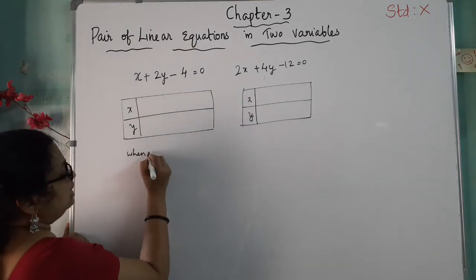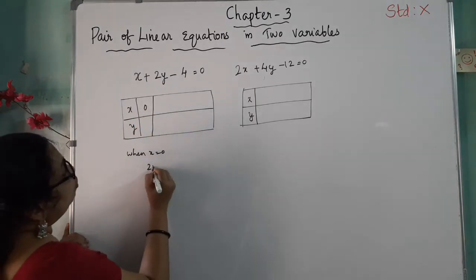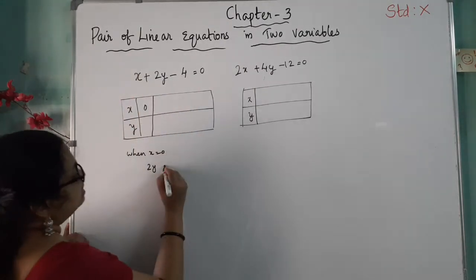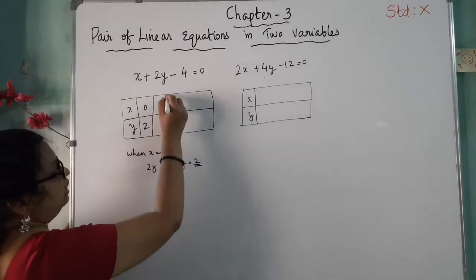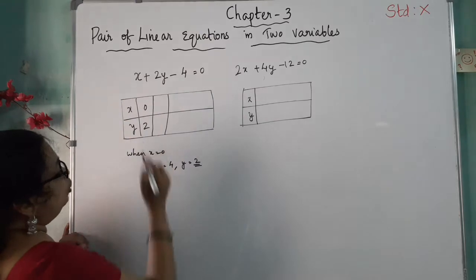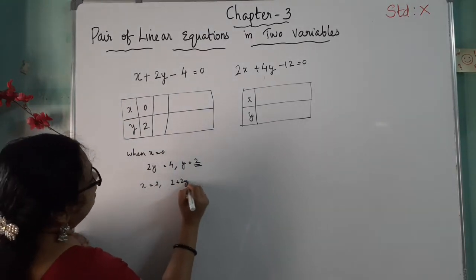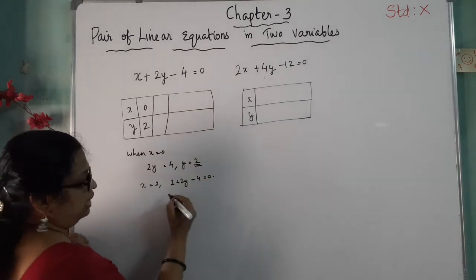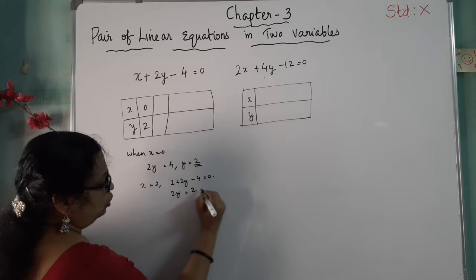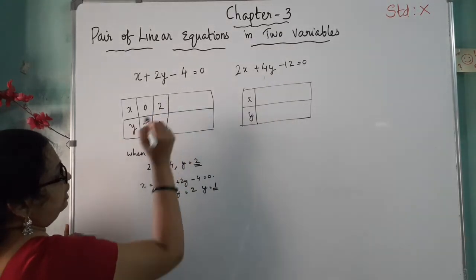When x equal to 0, 2y is equal to 4 and y is equal to 2. So (0, 2) is a point. Then when x equal to 2, 2 plus 2y minus 4 equal to 0, that is 2y is equal to 2, y equal to 1.